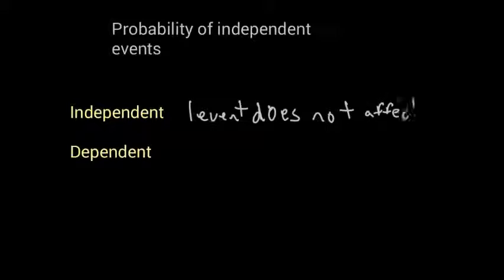Alright, we're going to talk about probability of independent events. So let's first talk about independent and dependent. Independent simply means one thing isn't affected by the other. So one event does not affect another.